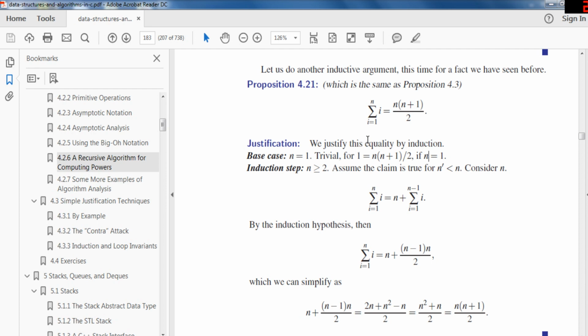That means that based on our assumption, the summation of i equal to 1 to n of i is going to equal n... where did they get n from? I'm curious. Where did they get this from?